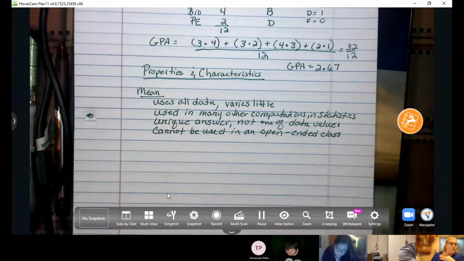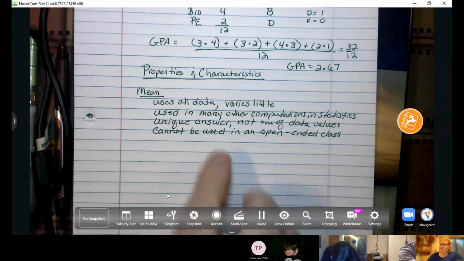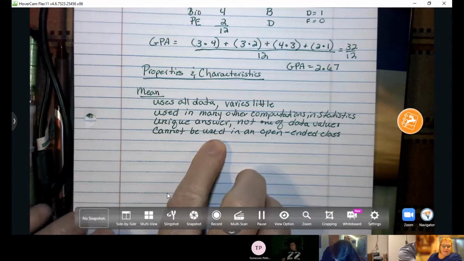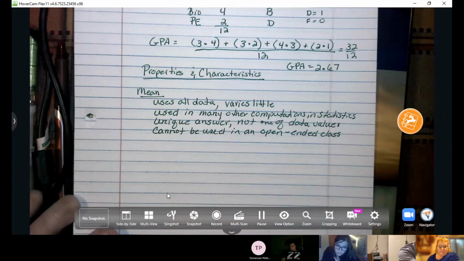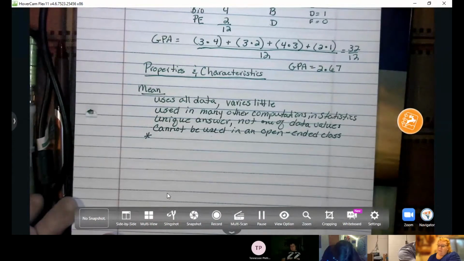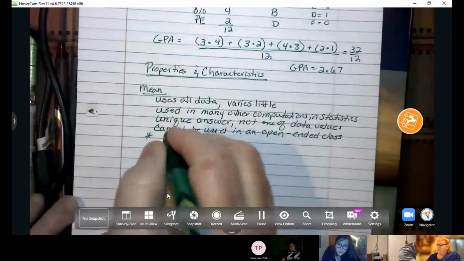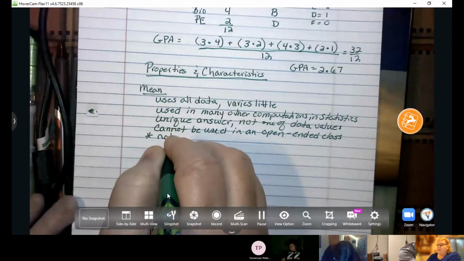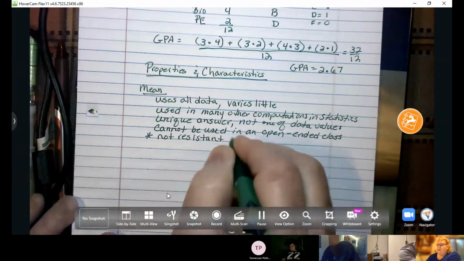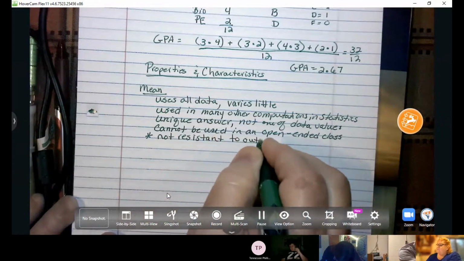We were talking about the grouped classes. If we had a class that went from 50 till infinity, this would not be a calculation that you could use in that open-ended class. And one of the most important things about the mean is it is considered to be not resistant to outliers.